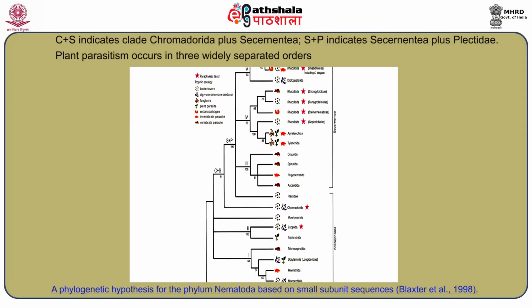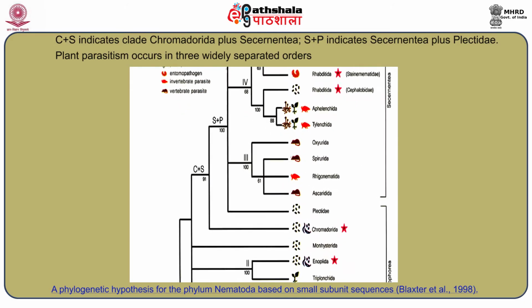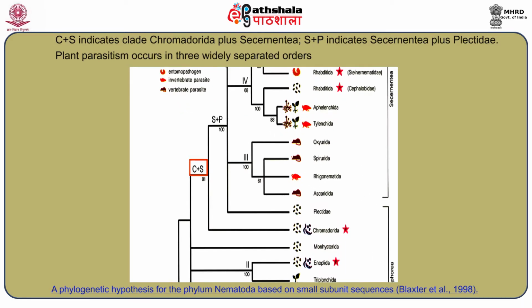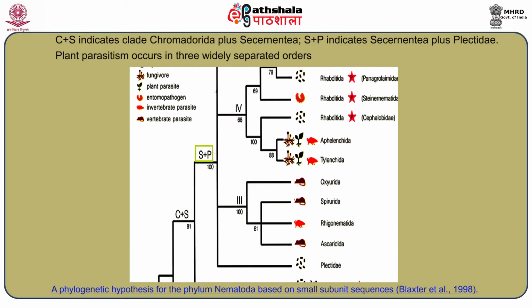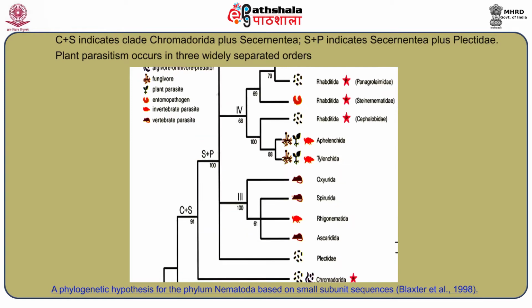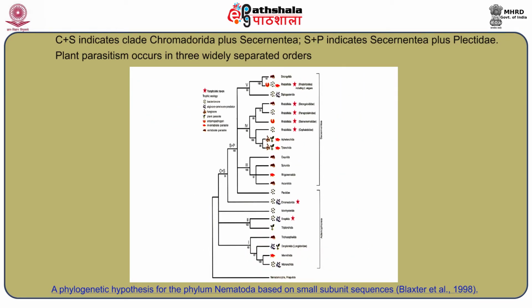However, based on small subunit ribosomal sequences of 53 species, Blaxter et al. proposed a molecular evolutionary framework in 1998 for the Nematoda, comprising 5 major clades, all of which include parasitic species. In this picture, we can infer that animal parasitism arose independently at least 4 times and plant parasitism 3 times.